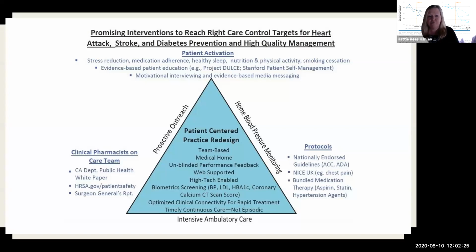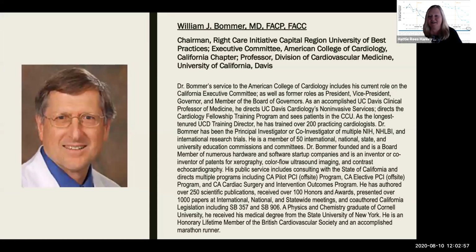We do this through this graphic that synthesizes clinical best practices that we know can very quickly and effectively get to goal. So with that, I'd like to say that the key is activating the patient, doing team-based care, getting commitment by leadership, and I'll hand it to our Capital Region Chairman now to lead the discussion for the rest of the day.